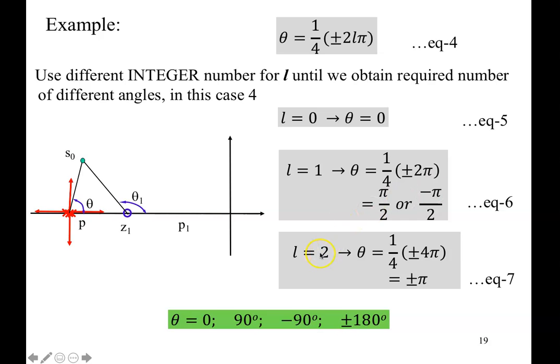L equals 2. 2 times 2 equals 4. 4 divided by 4, that's 1. So I get plus minus pi. Plus minus pi is the same. So L equals 0 gives me a 0 degree. L equals 1 gives me a 90 degree and a minus 90 degree. L equals 2 gives me a 180 degree or minus 180 degree.